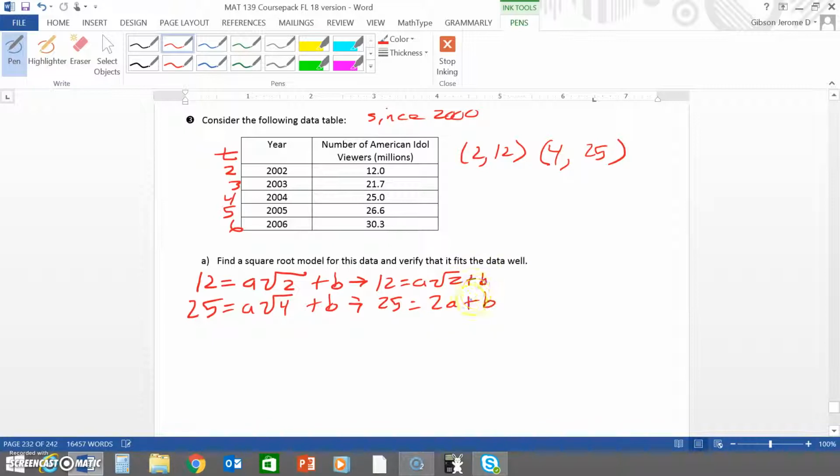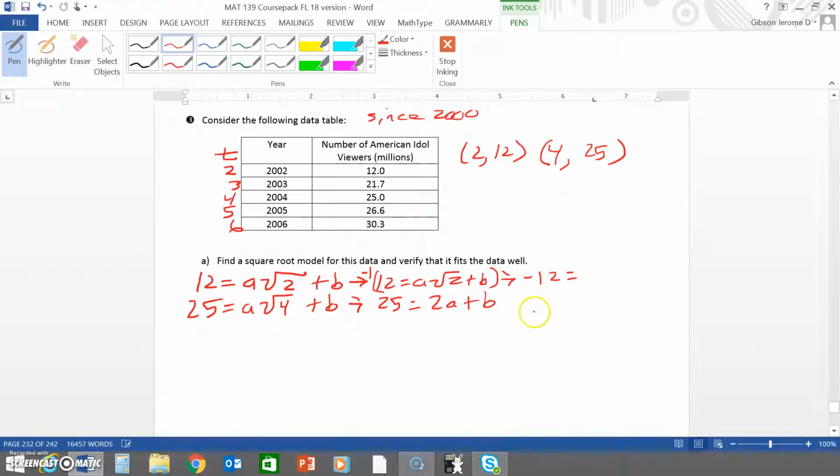I probably would get rid of the B because that would be the easier thing to get rid of. So what I would do here, I will multiply this top value by -1, or we could have done the bottom one, and this will leave us with -12 is equal to.